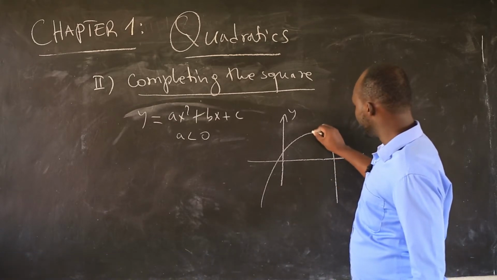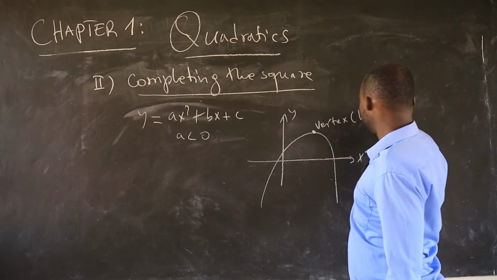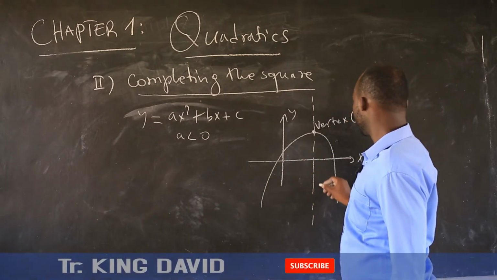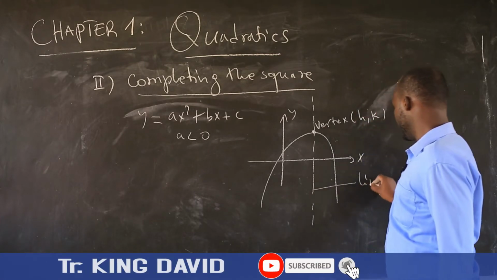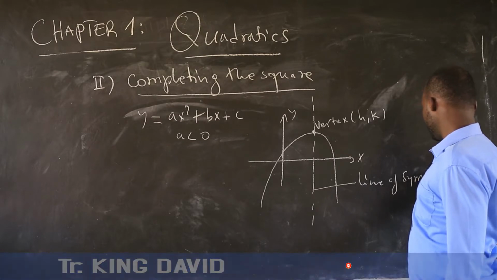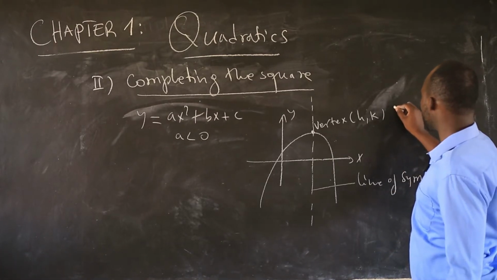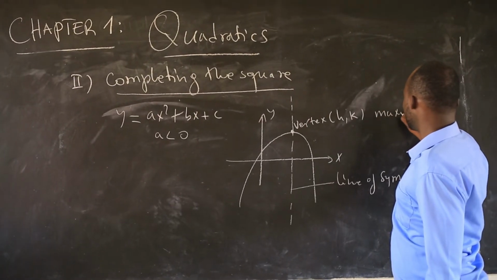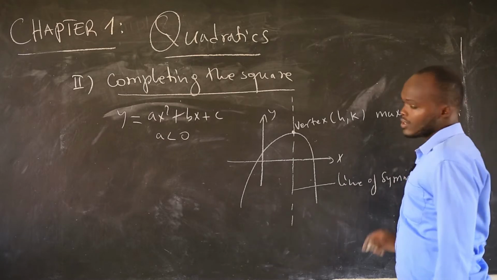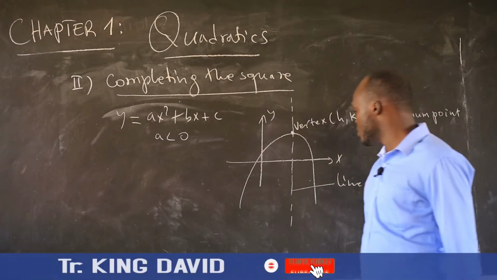So if this is the vertex (h, k), this is the line of symmetry. It means that this vertex is a maximum point. So that's why I said the vertex is sometimes a minimum or a maximum.